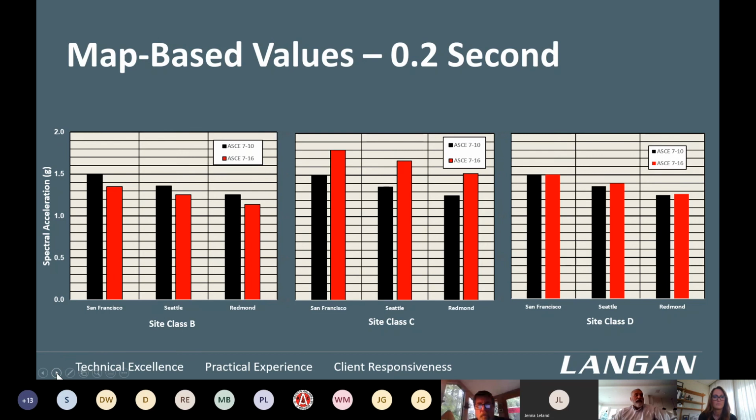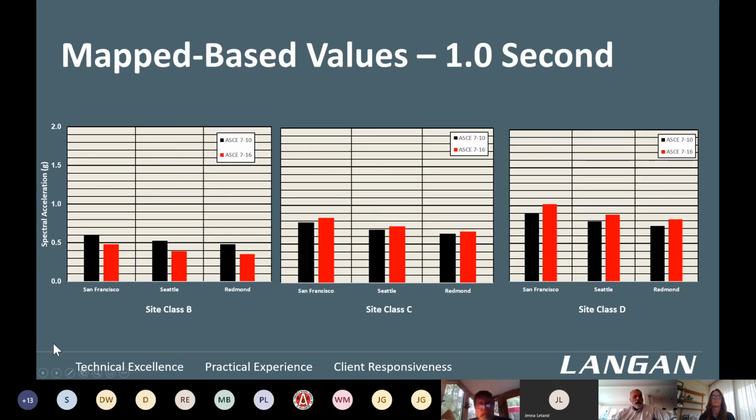Then we go to site class C, which is a very stiff soil condition. Now we are seeing that the spectral values at 0.2 of a second have actually gone up pretty much everywhere: San Francisco, Seattle, Redmond. And then we get to site class D. There is not much increase in San Francisco, and a slight increase in Seattle and Redmond.